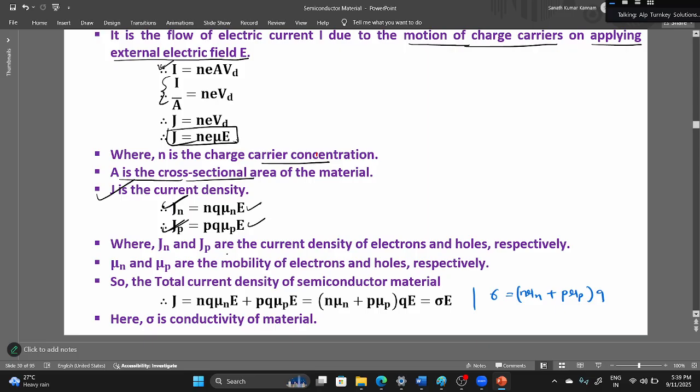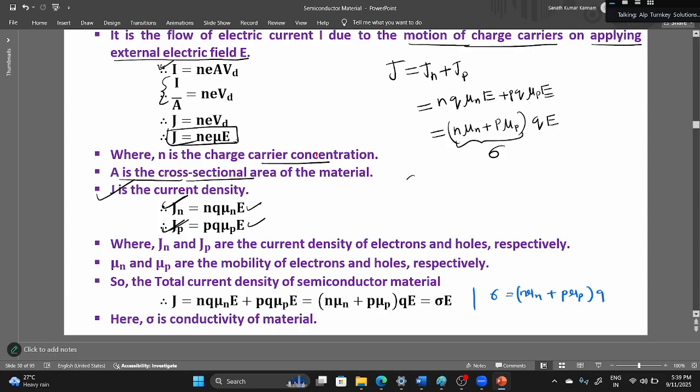What is the total current? The total current density J equals Jp plus Jn, which is n q mu n into E plus p q mu p into E. If you take q and E common, you get (n mu n plus p mu p) into q into E. This I can consider as sigma.